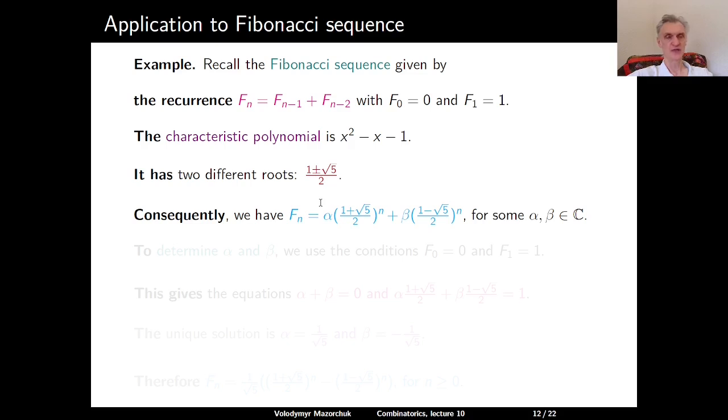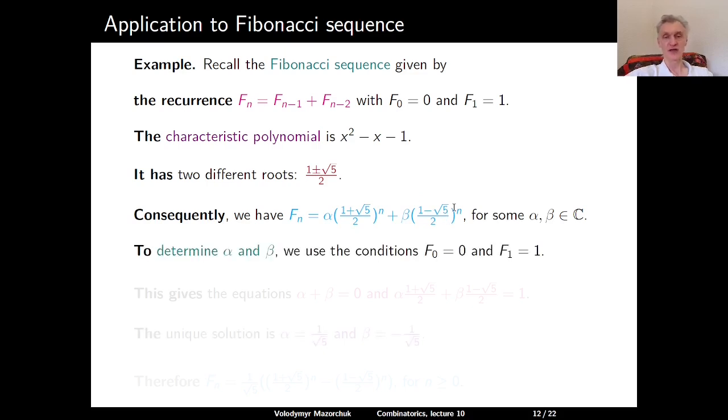Consequently, from our theorem, we know that the nth term of our sequence, f_n, must be equal to some complex number alpha times ((1 plus the square root of 5) divided by 2) to the power n, and then plus some complex number beta times ((1 minus the square root of 5) divided by 2) to the power n.